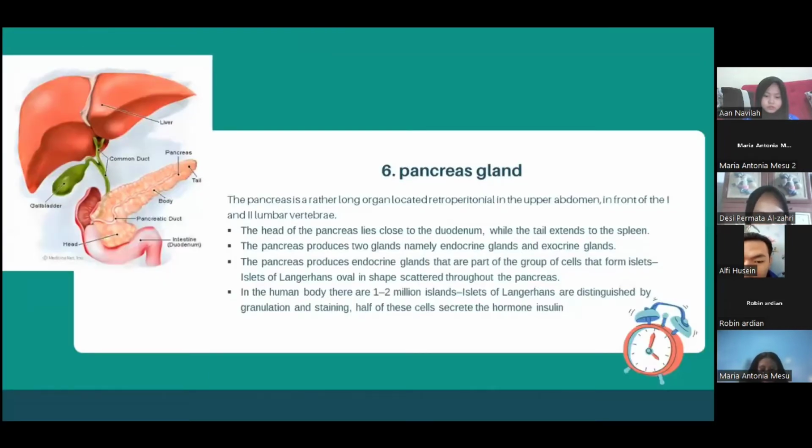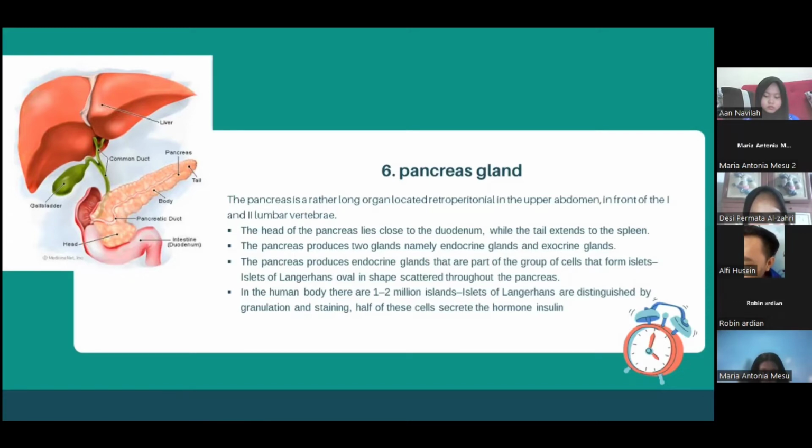Next, the pancreas gland. The pancreas is a rather long organ located retroperitoneally in the upper abdomen, in front of the first and second lumbar vertebrae. The head of the pancreas lies close to the duodenum, while the tail extends to the spleen. The pancreas has two glands, namely the endocrine gland and the excretory gland.